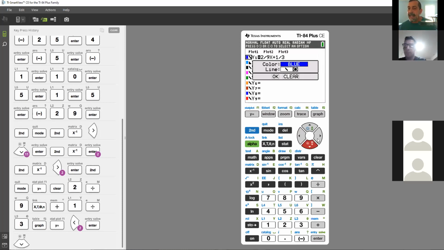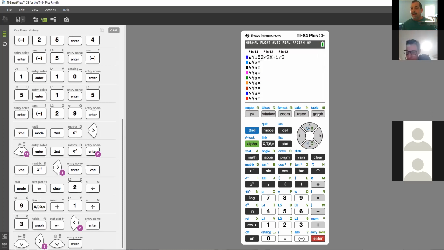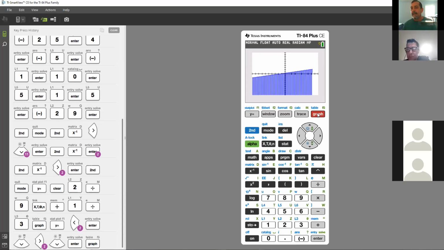Since this is less than, we want the triangle to the bottom. So there's greater than, that's less than. So come down, click OK. Now watch when I graph it. So you always want to tell it where to shade for you. Less than, the little triangle to the bottom. Greater than, I would have used the other triangle.